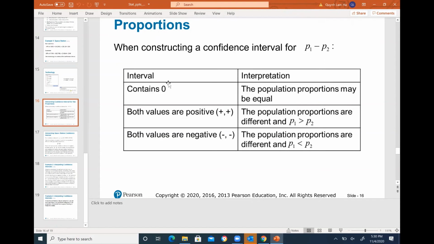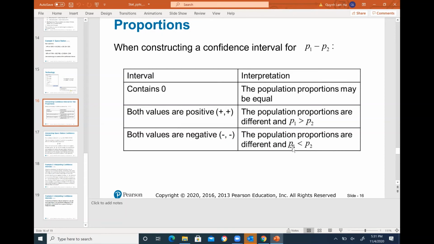The interval that we got earlier with negative values doesn't include the 0, right? If we don't include the 0 and both values are negative, the population proportions are different, and P1 is less than P2.